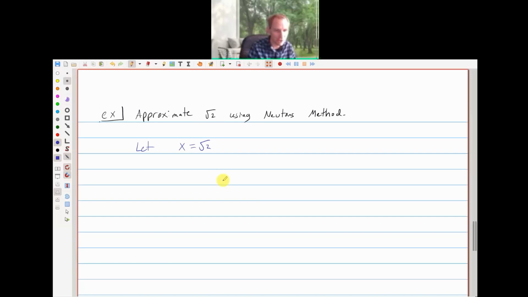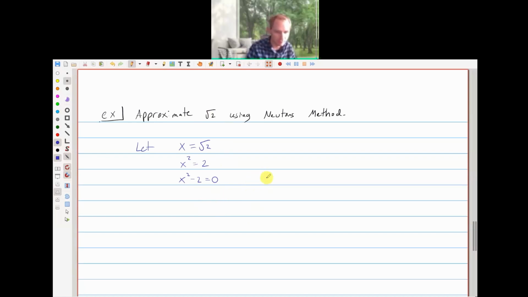So what I'm going to do is square both sides and then subtract to get equal to 0. So if I can find the roots of x squared minus 2, then one of those will be the positive square root of 2. And so approximating that will give me an approximation for root 2.